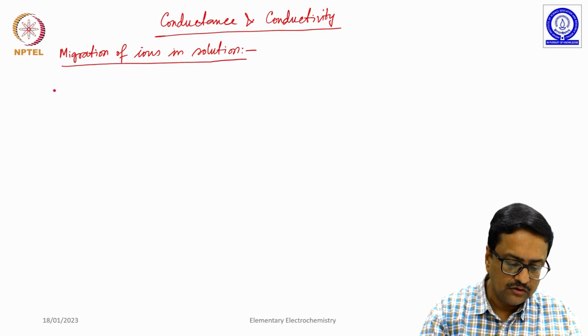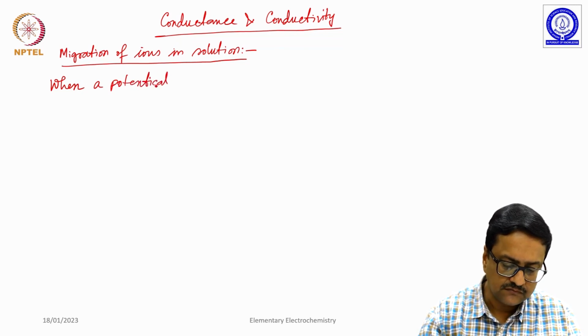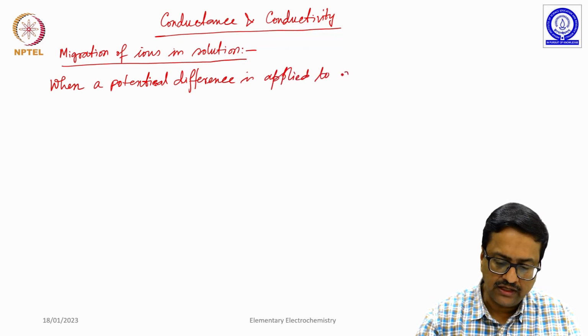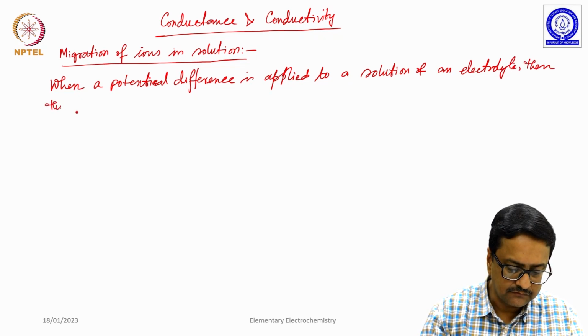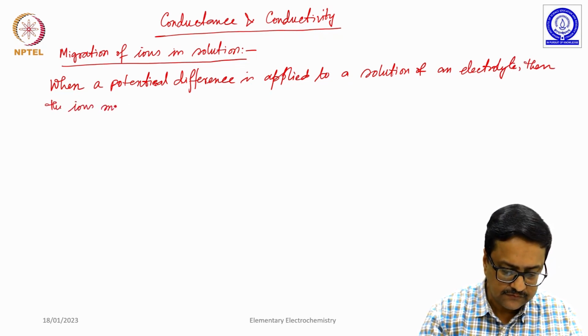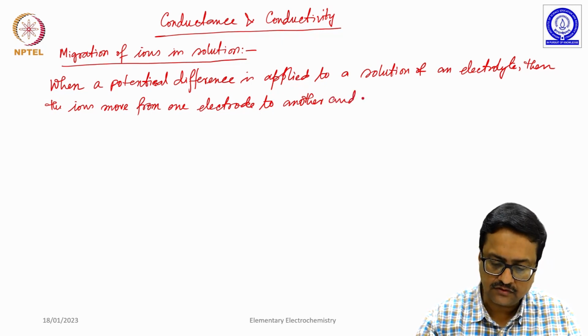So, when a potential difference is applied to a solution of an electrolyte, then the ions move from one electrode to another, and conduct electricity.